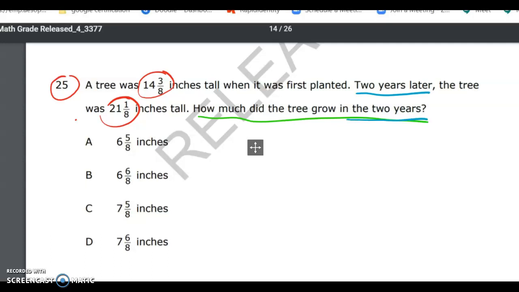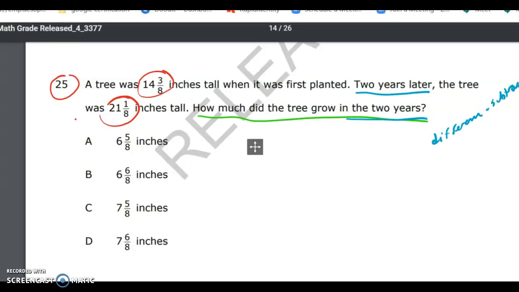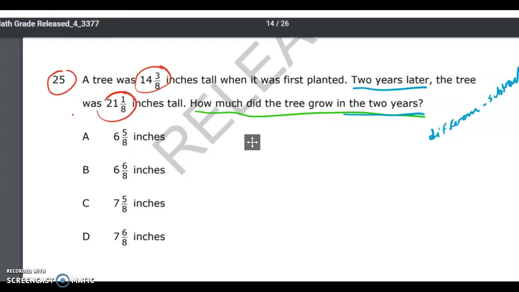So really, what it's asking you is how much was the difference between when it was first planted and 2 years later when it grew. So you're finding out the difference between the two. And as we've learned throughout the year, difference is associated with subtraction. So when you want to find the difference between something, you are actually going to be subtracting it.